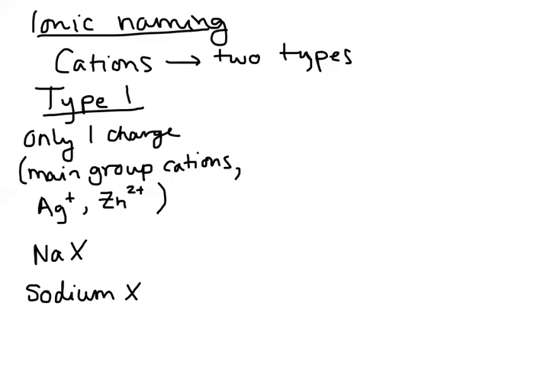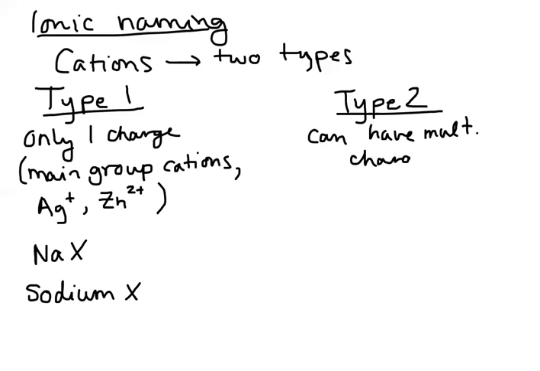Type 2 cations then are what? They can have multiple charges, and they tend to be transition metals. So the transition metals, except for silver and zinc, and once again, 2 exceptions. Tin, that's what you have to know, and lead.